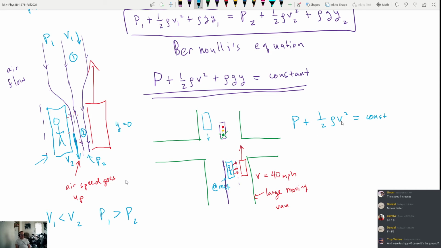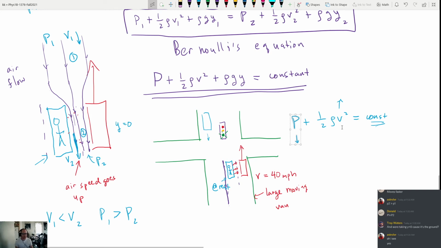So if the velocity increases, right, if this goes up, the pressure has to go down correspondingly, right? You all see what I mean? If this is to be a constant, if the velocity out here, it's probably easier if we pick numbers. I don't know if it's easier if we pick numbers or not. Point is that if the velocity goes up, the pressure has to go down.